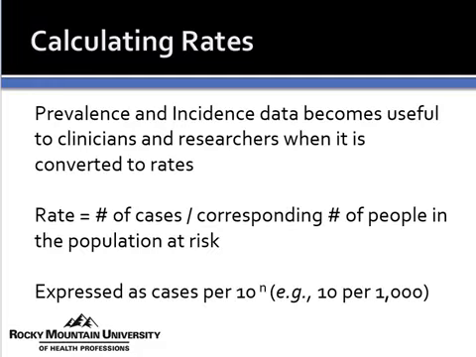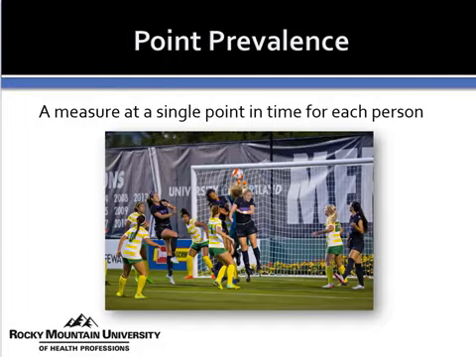So the number of cases and the number of corresponding people in the population at risk. And so you're going to see things reported as 10 per 1,000 or 10 per 1,000 athletic exposures.